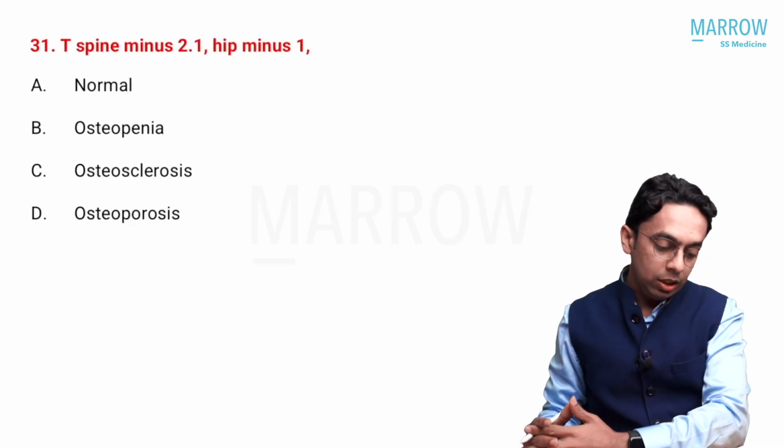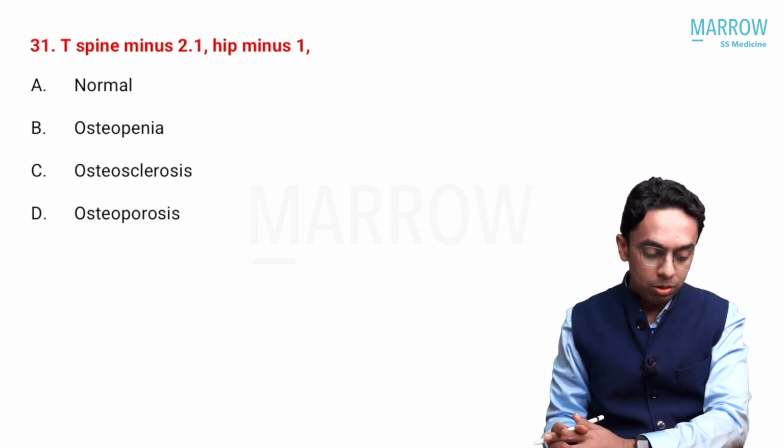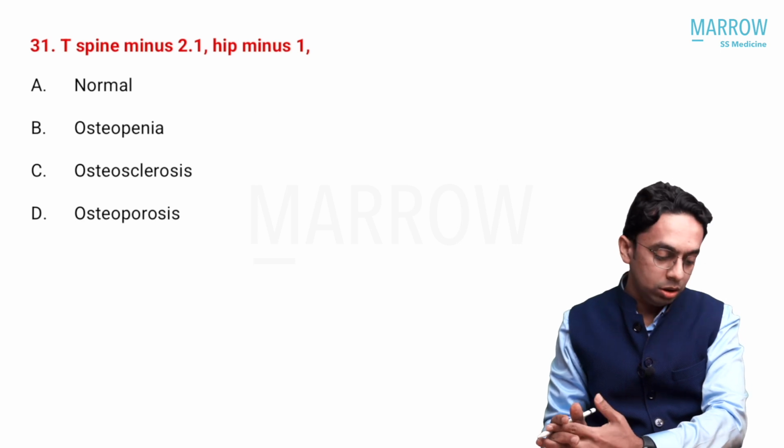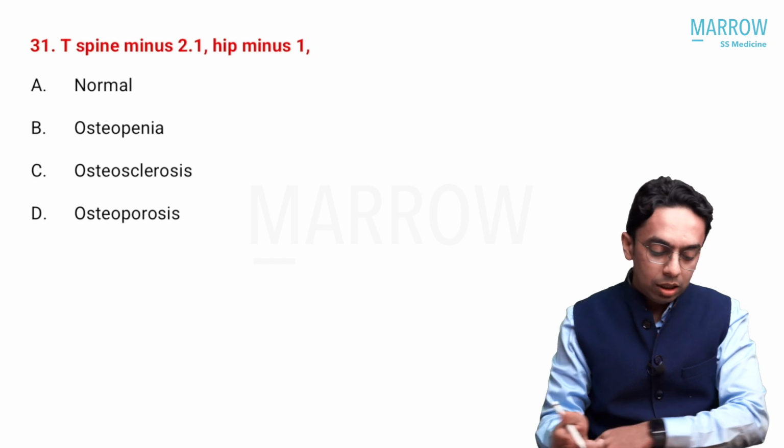Okay, question number 31. T score at spine is -2.1, at hip is -1. So what is the diagnosis? Is it normal, osteopenia, osteosclerosis, or osteoporosis? So very easy here.